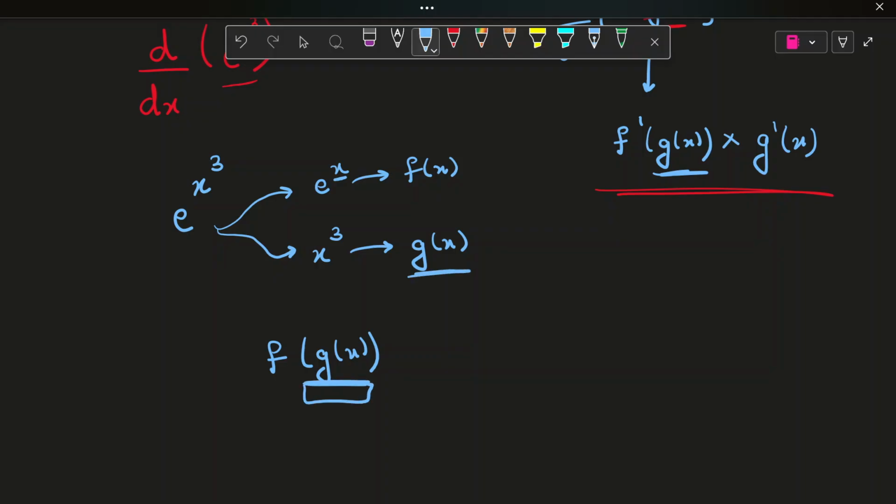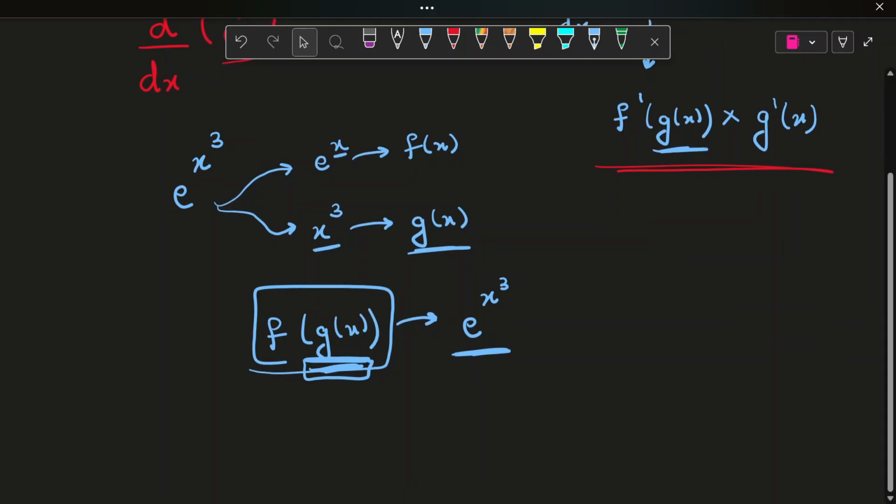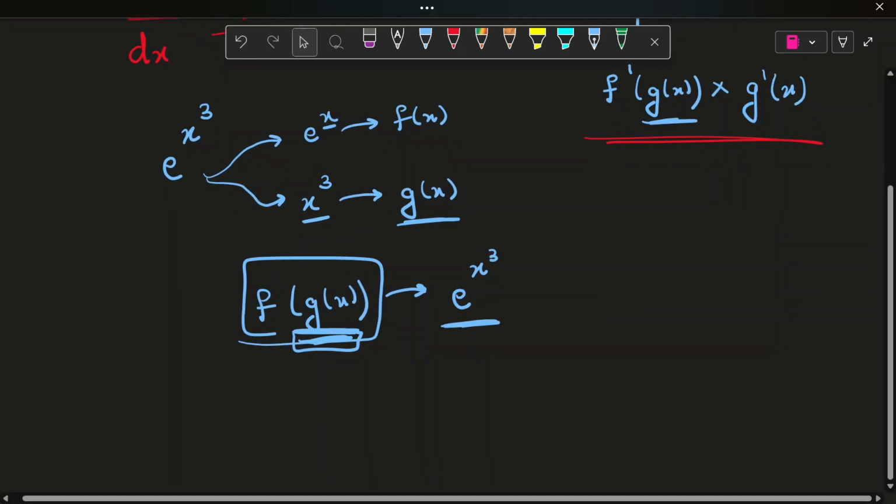So g of x is x cube, so we can write e to the power of g of x, which is x cube. So now see, we have a function in function, which is f of g of x, which is e to the power of x cube. You don't have to do all this, you just have to remember that when two functions are together we have to apply chain rule.